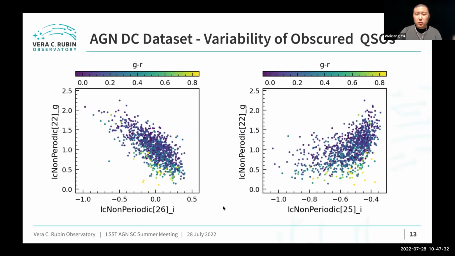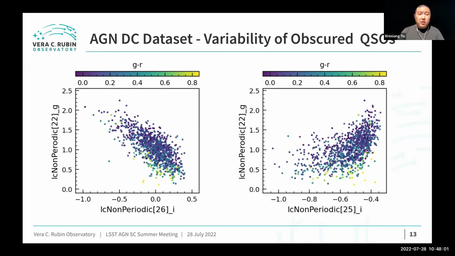The objects with excess color are located in a sort of low outlier region in the variability parameter space, which means that you can probably use just variability information determined from different imaging light curves to select those potentially obscured quasars, if the color is a good proxy for that.